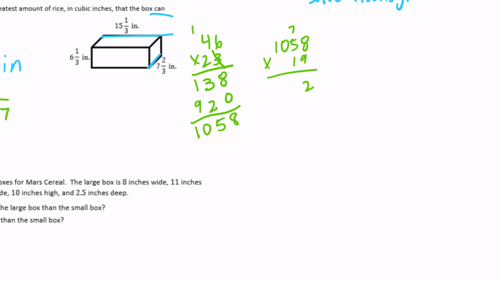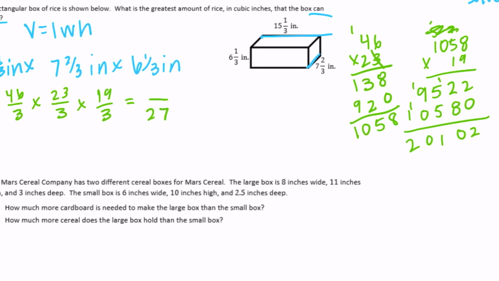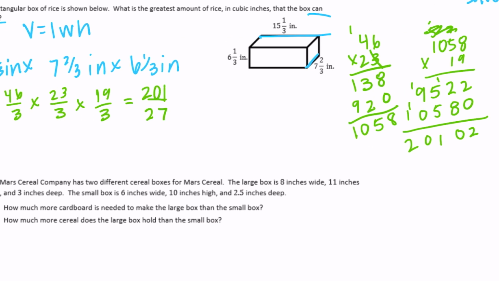Nine times 5 is 45, plus 7 is 52. That would be 5 and 9. Put our 0 down. Now we're just multiplying by 1. So we get 20,102 27ths. Just a very large improper fraction.